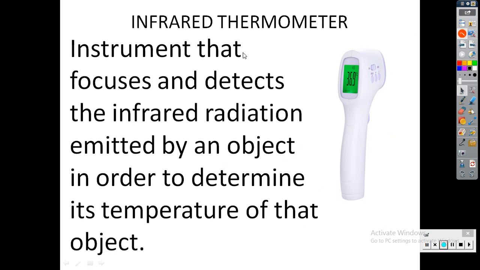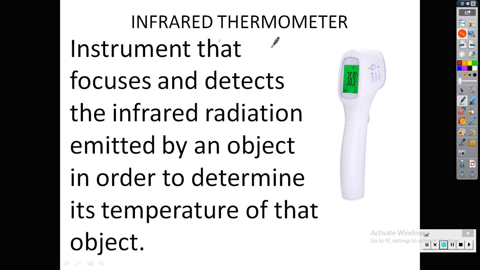This is one of the modern instruments which has become common in this COVID time. This instrument is called an infrared thermometer. It focuses on and detects the infrared radiation emitted from the body of an object and determines the temperature of that object.